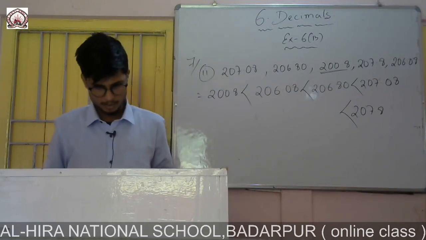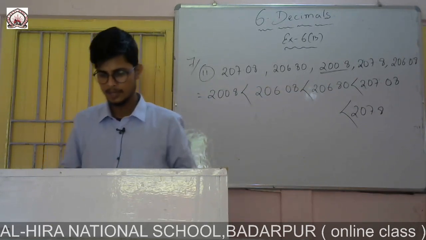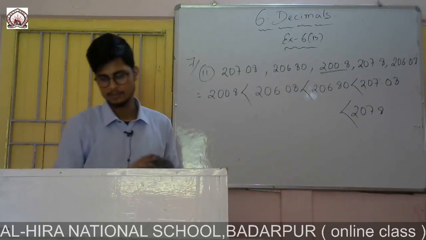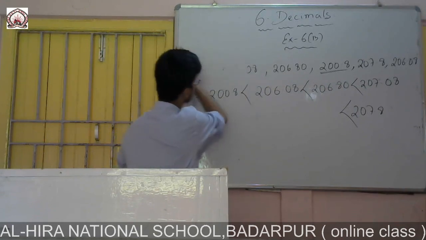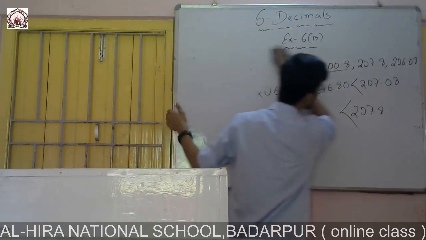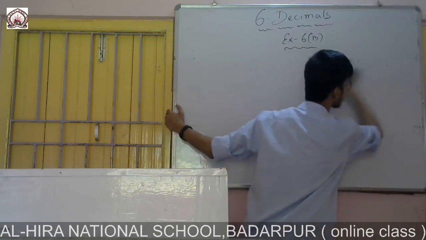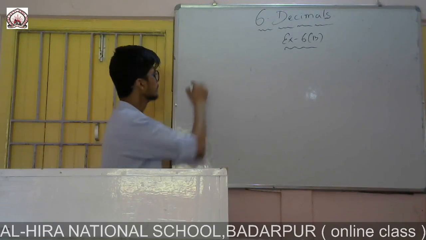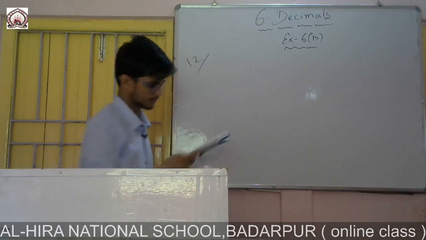Okay. Now question number 12, high order thinking. Order the numbers in ascending order. So you have to arrange these numbers in ascending order. First of all I will write the question.